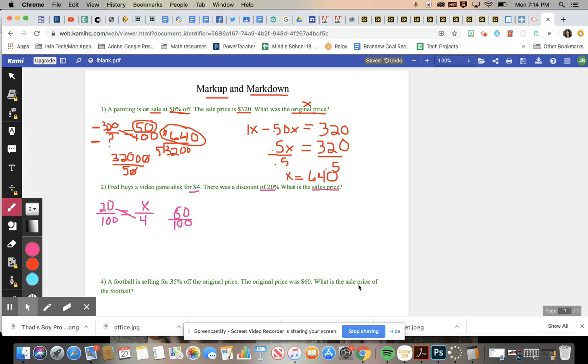Okay, and 80 divided by 100 is 0.8 or 80 cents. Okay, so 80 cents is how much this video game is on sale for. So it's a 20% discount, and I have to take my $4 minus that sale amount of 80 cents, which leaves the price of the game being $3.20.